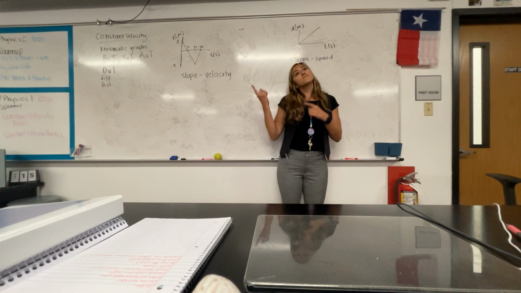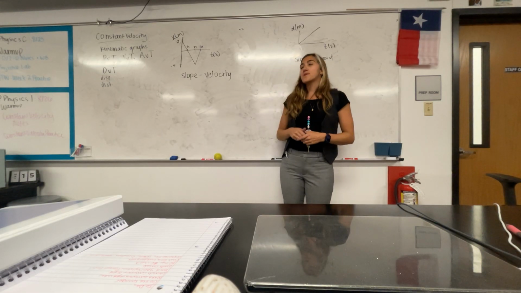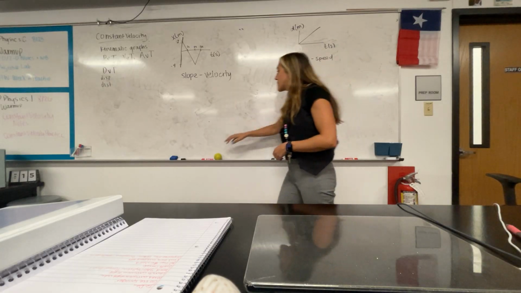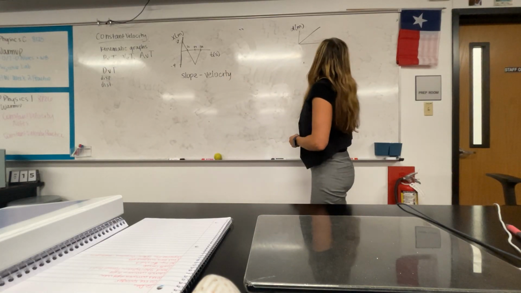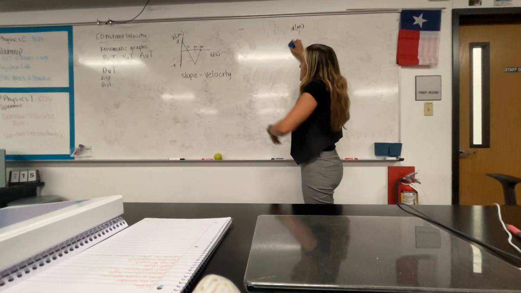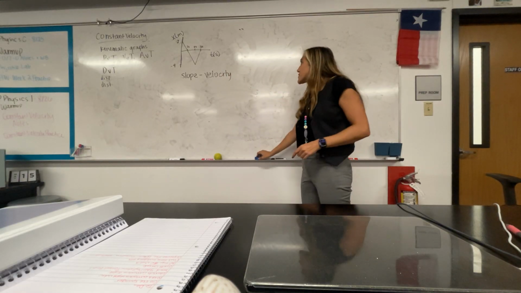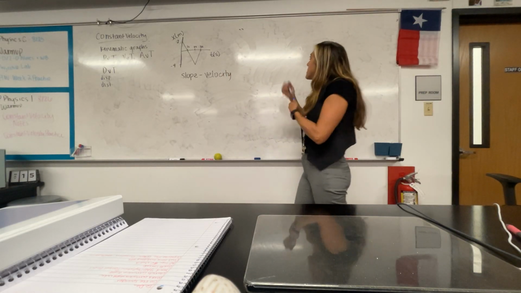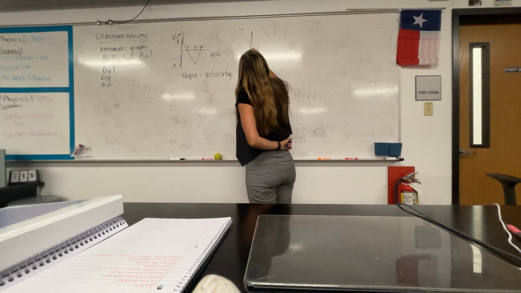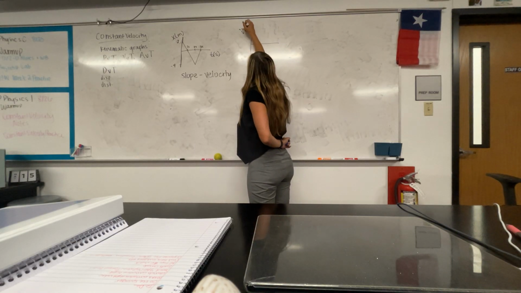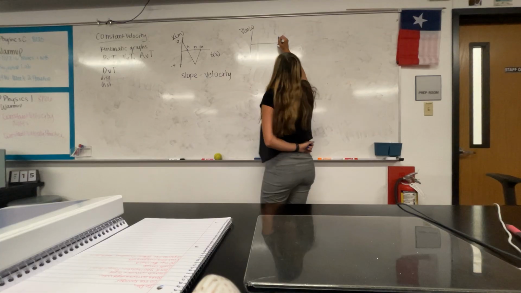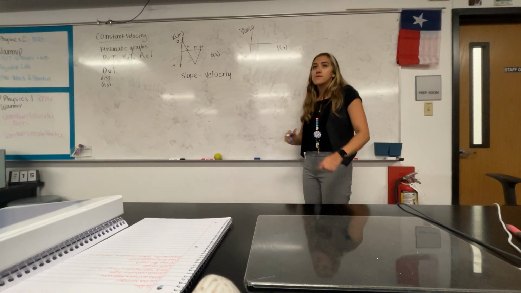Okay? So, try and sketch me, now that we understand the differences between these types, a velocity versus time graph. Based on this one right here, we know the slope of this graph is velocity. So try and sketch me a velocity versus time graph in your notebook, think about it.